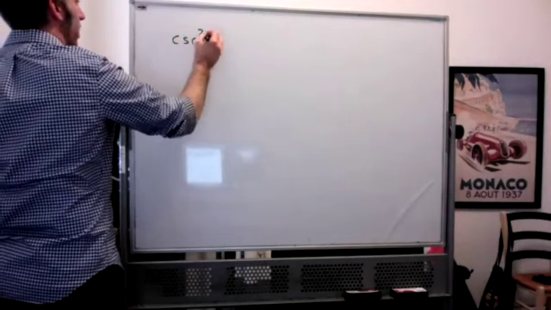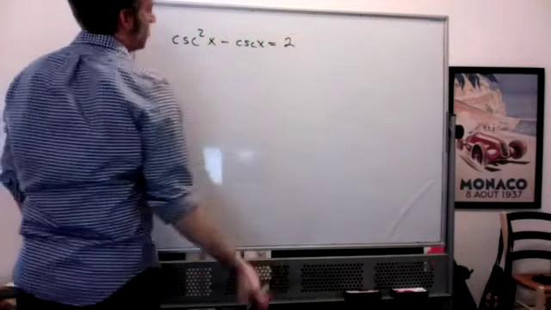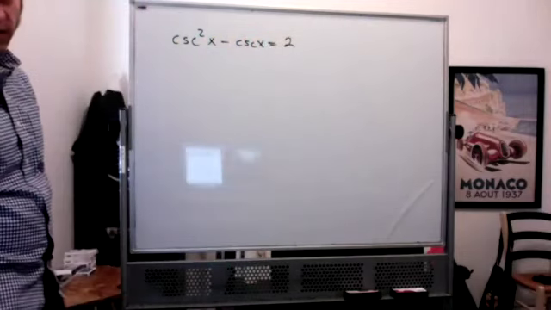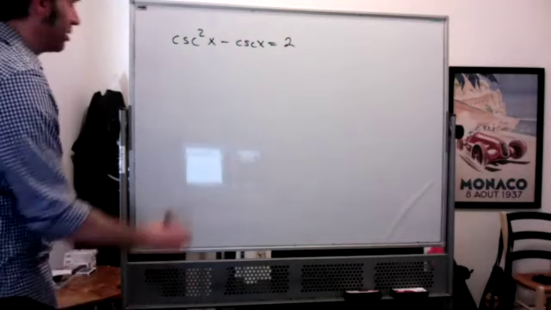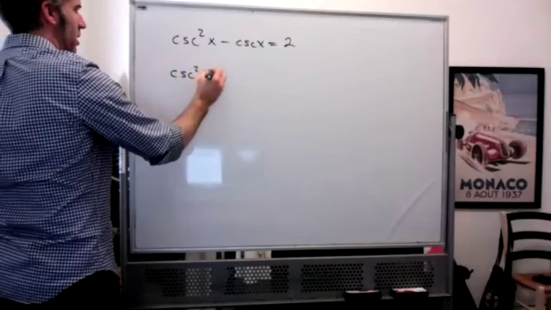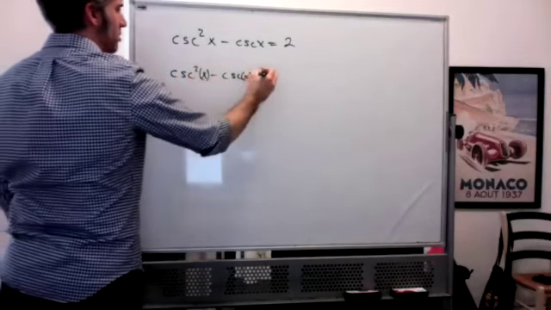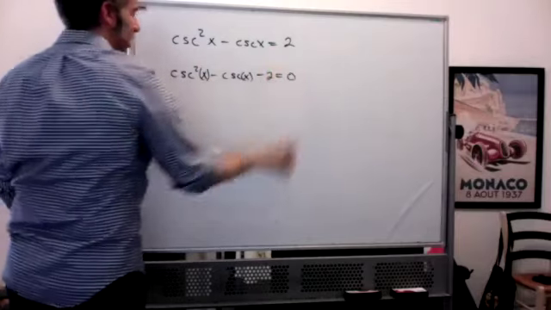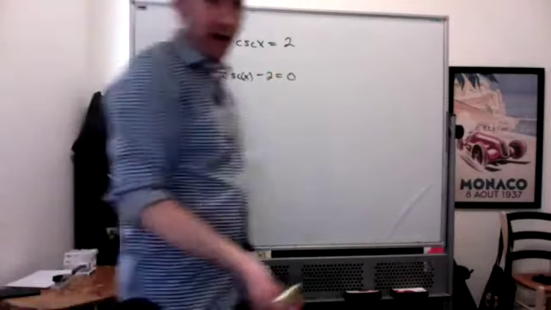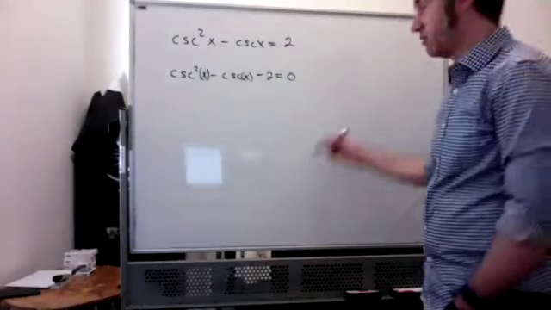Cosecant squared x minus cosecant x. We might have done one like this before, but it's still good practice. So the key thing to notice here is that we have a quadratic equation. You can change it to different variables if you want. Typically u is used when you do a change of variables.